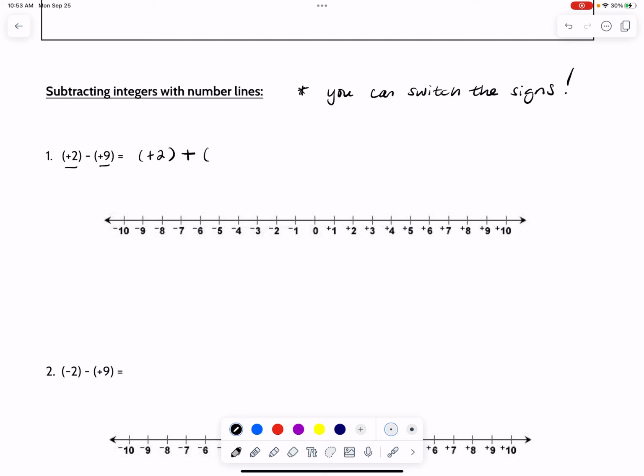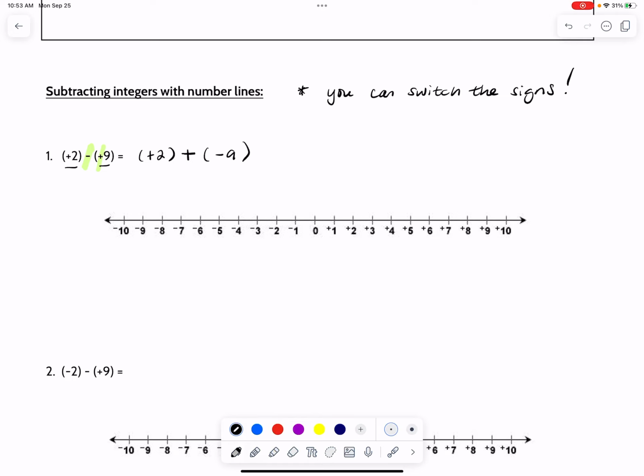So it becomes positive 2 plus negative 9. I'm just going to highlight what we've switched. So like I said, you always switch it to an addition and you switch the sign of the second integer, because all of these equations really depend on that first integer, because you have to start off with positive 2 and you're subtracting from positive 2.